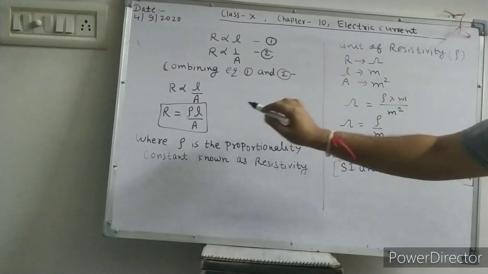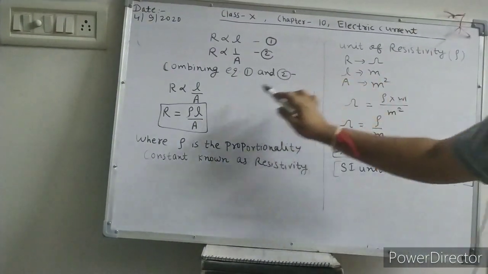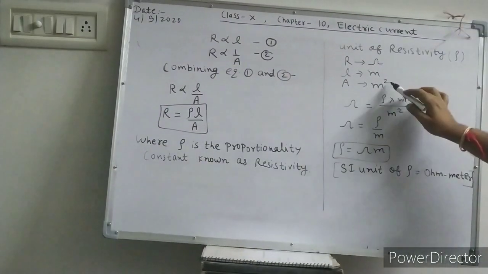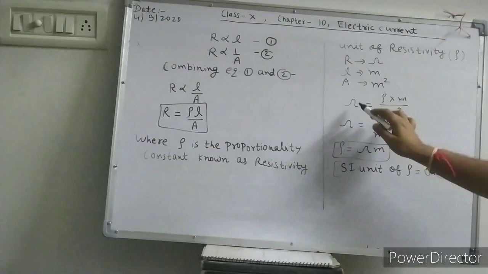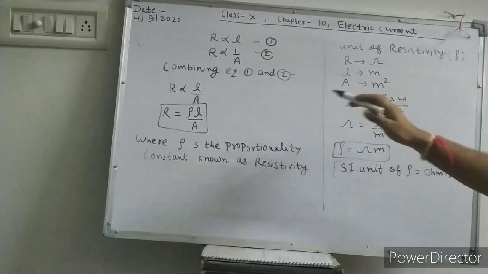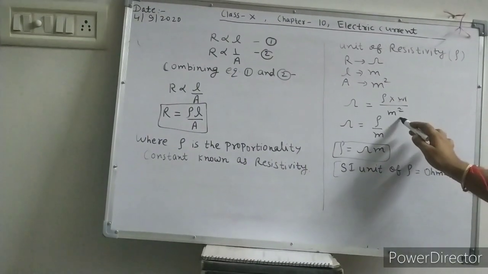The unit of R is ohm (resistance), the unit of length is meter, and the unit of cross sectional area is meter square. So you put ohm equals rho multiplied by meter upon meter square.